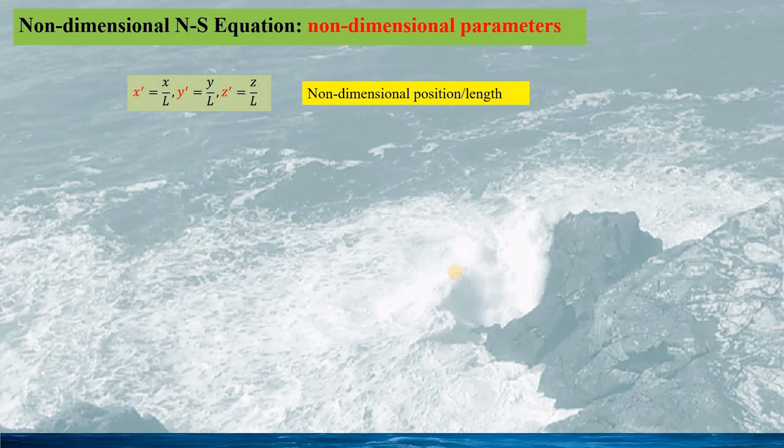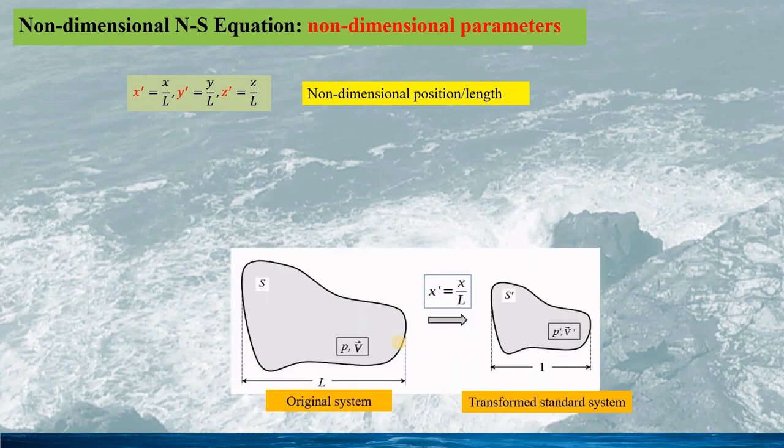The first thing is that we normalize the Navier-Stokes equation using the non-dimensional parameters x prime, y prime, and z prime, for which the coordinates x, y, and z are all normalized by the characteristic length L. As such, geometrically, we can transform the original system S to a transformed standard system S prime, and the transformed standard system has a unit characteristic length 1.